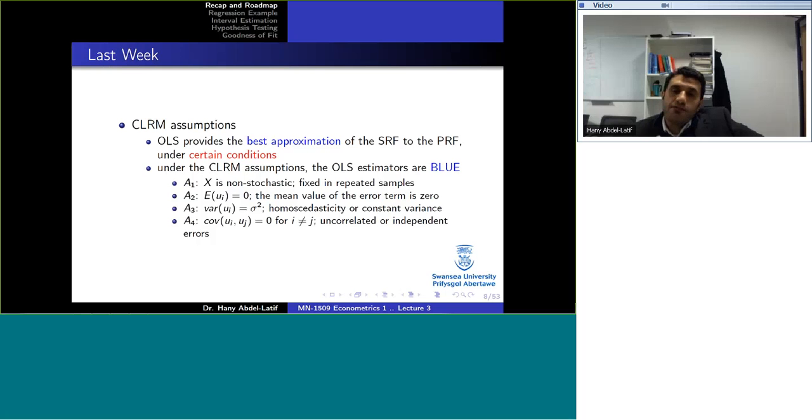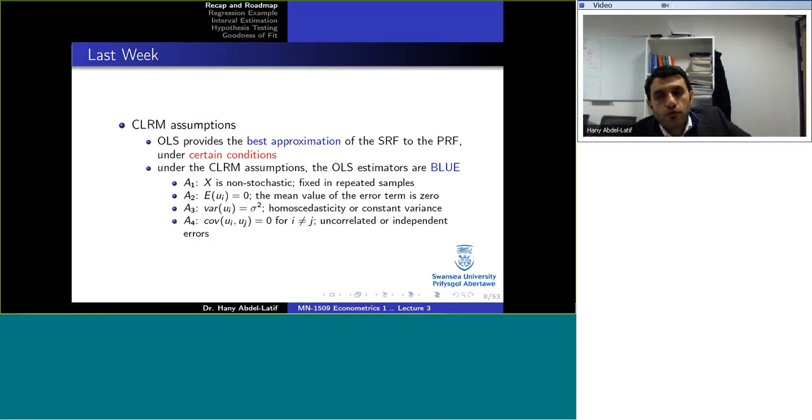If it is not true, if the variance of the error term is not constant, the error will be heteroscedastic, which means it does not have a constant variance, and this will be a problem. We'll learn later this term how to test for that problem, and if it exists, how to deal with it.